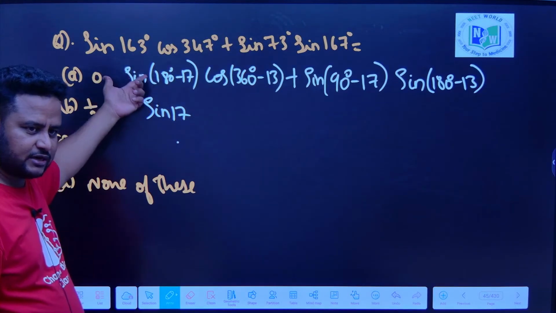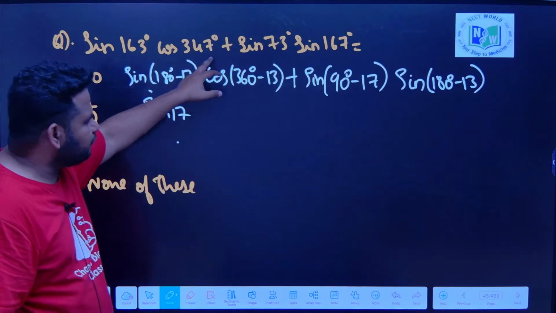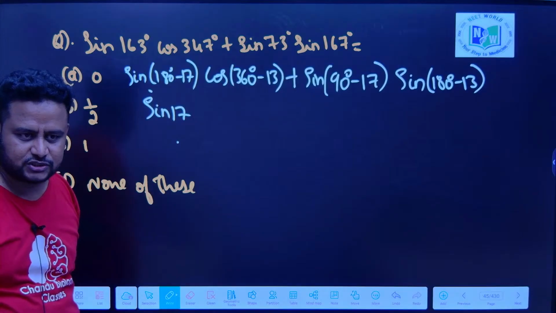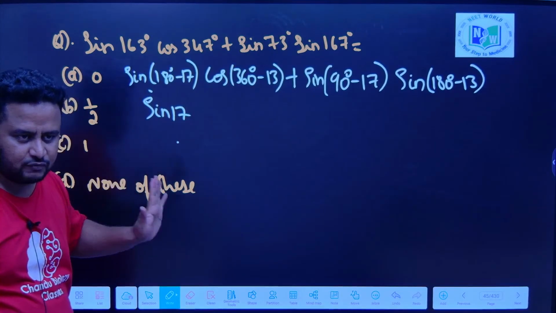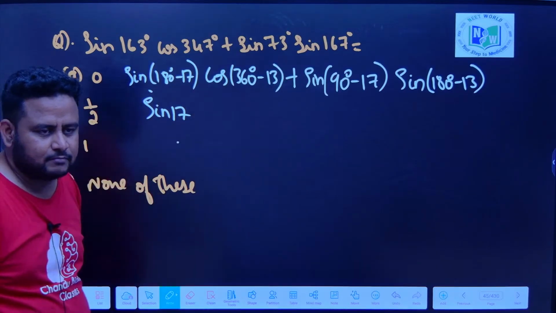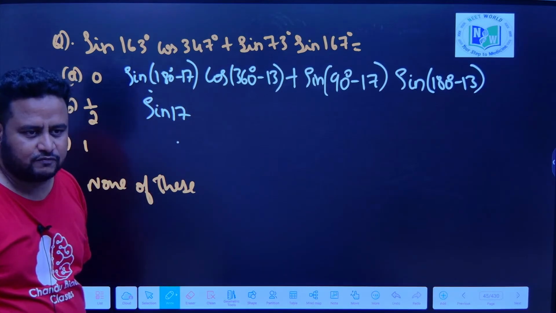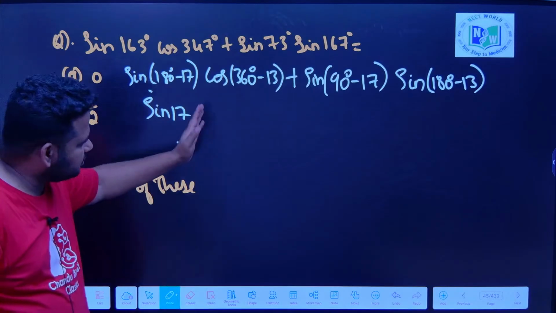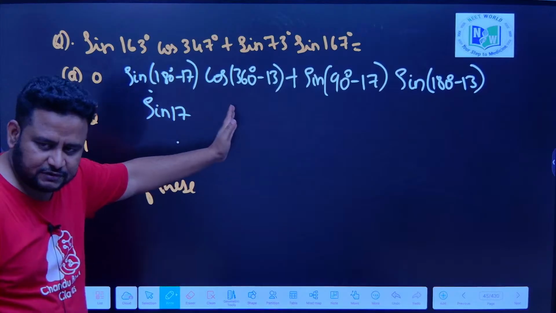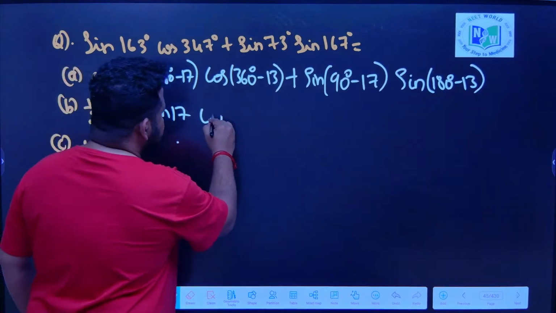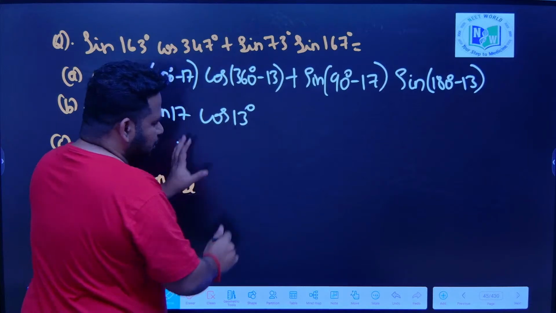Second quadrant, where sine is positive. 347 is in the fourth quadrant, where cos is positive, so the sign will remain. Cos 360 is 4 pi by 2, an even multiple, so cos will remain cos itself. So this will become cos 13 degree, positive itself.